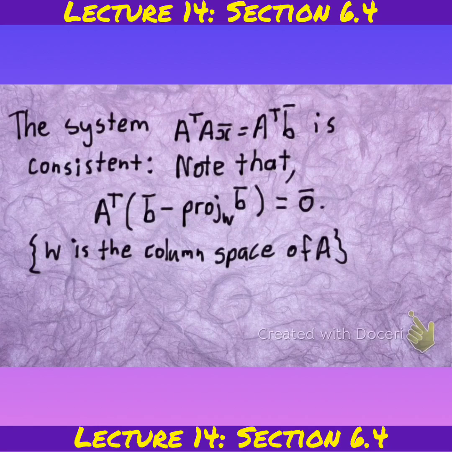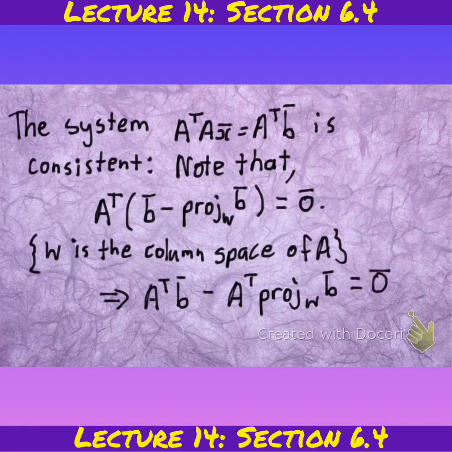So from there it follows that A's transpose B minus A's transpose times the projection of B onto W is going to be the 0 vector.